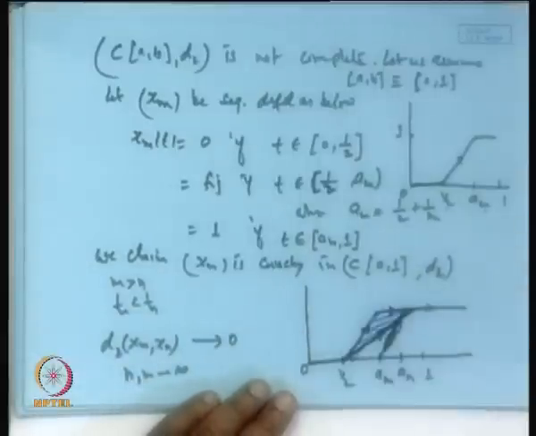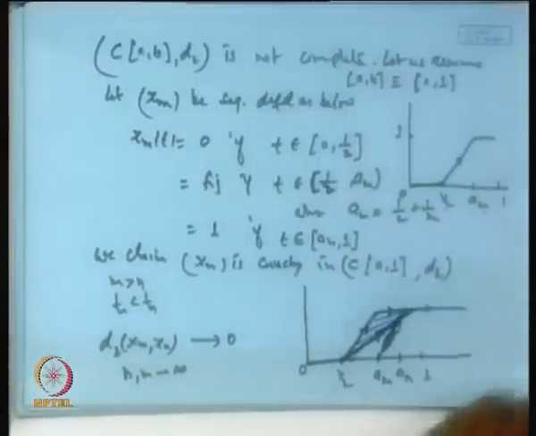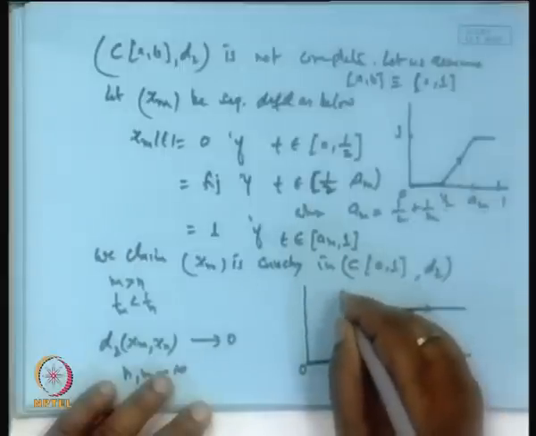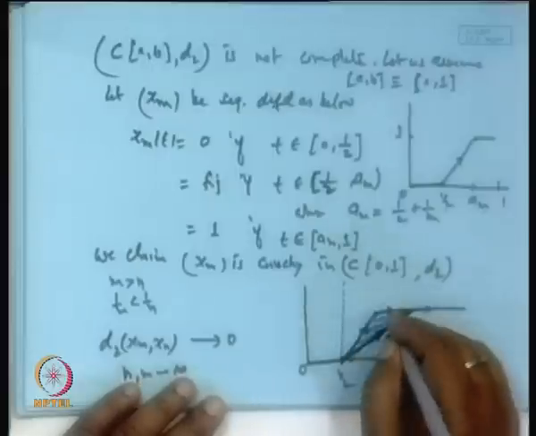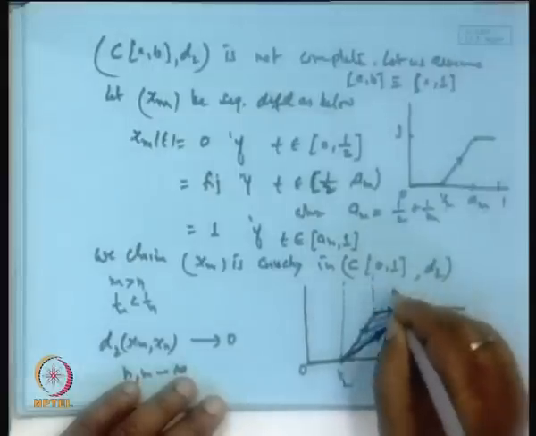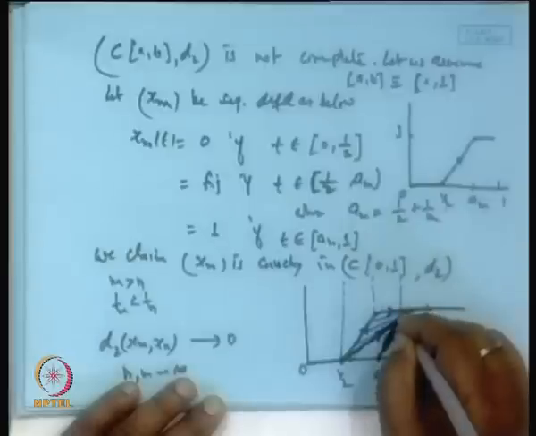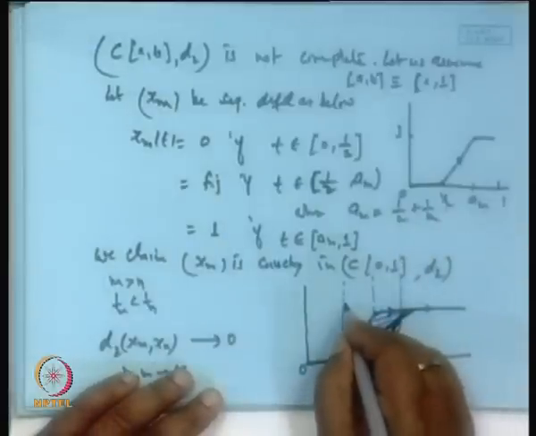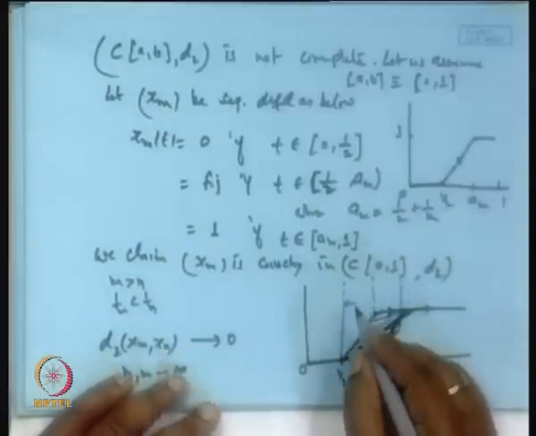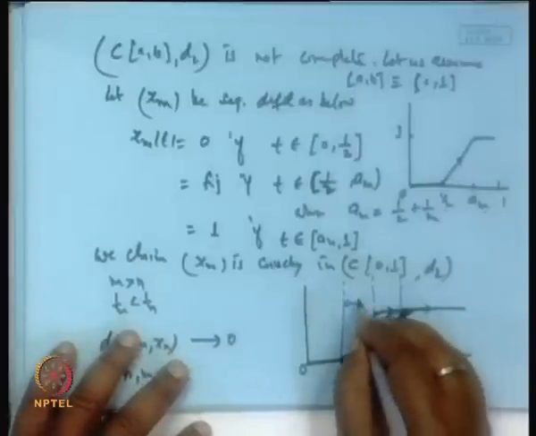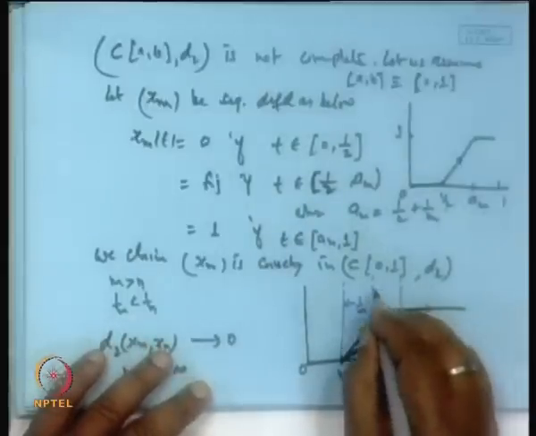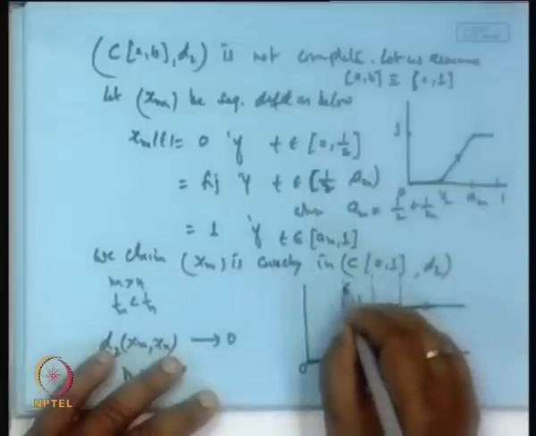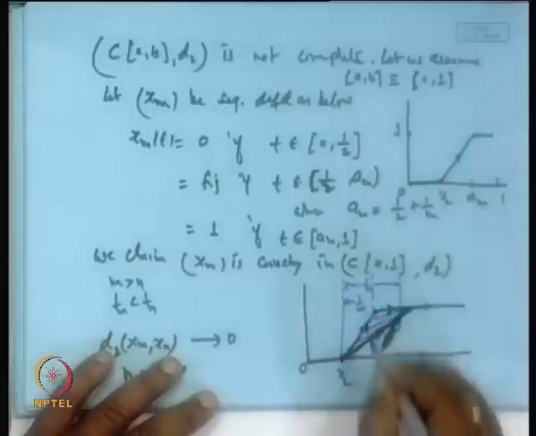What is this? Let me see. This is our a_m, and this will be a_n. Now, this one is 1/m, this is 1/m, this one will be 1/n. Is it okay or not?